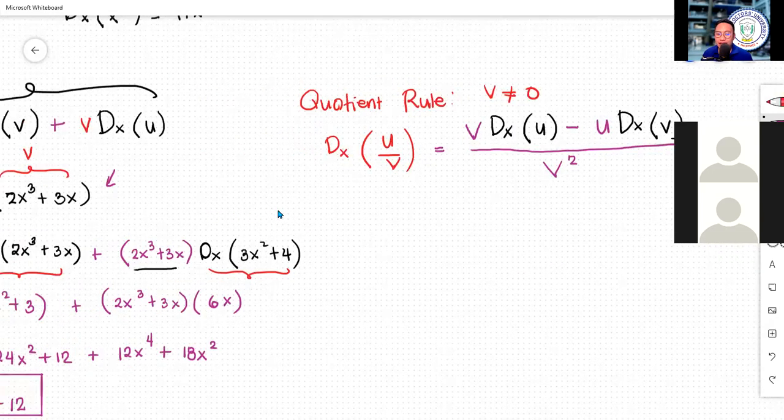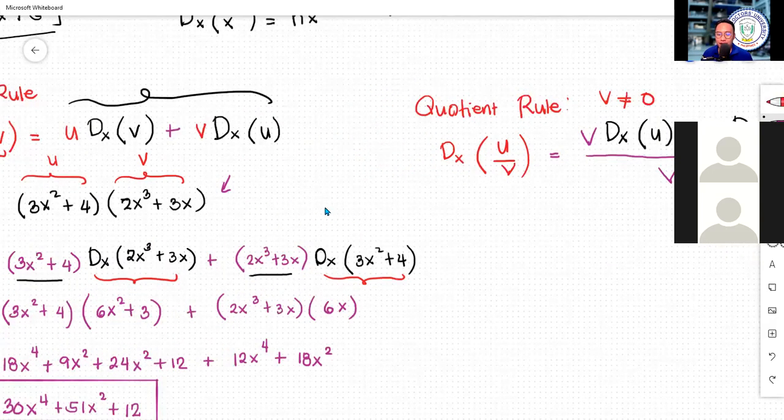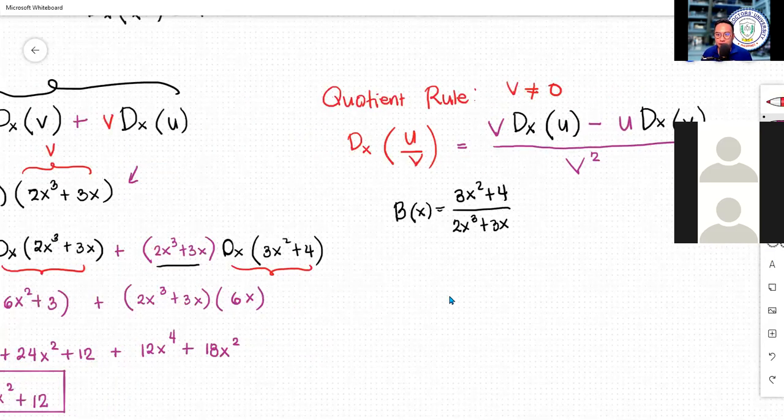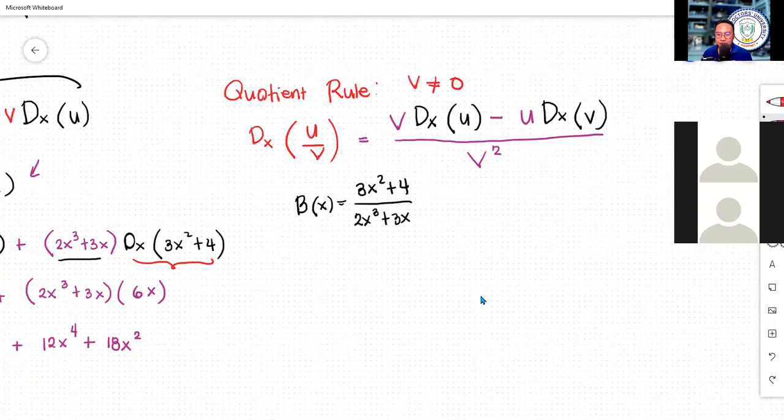Sige. Let's take the same functions that we have here. So I'm going to do b of x equals 3x squared plus 4 over 2x cubed plus 3x. Now let me scroll to the right. That's our function.